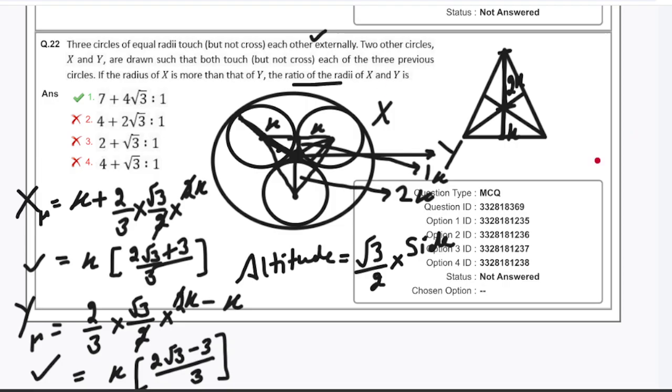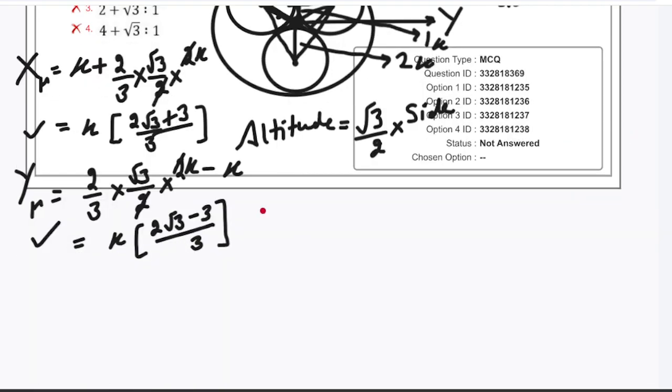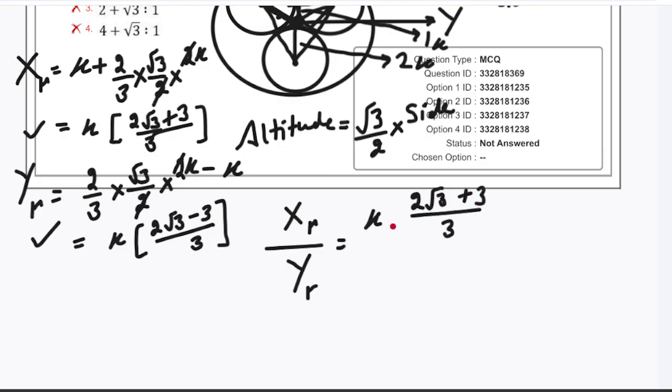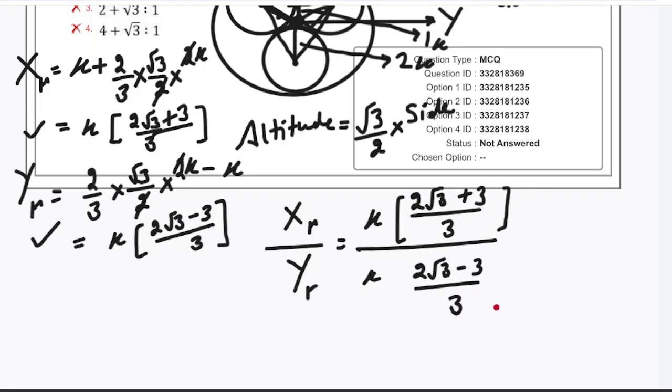So if we take the radius of x by y, we get x outside here, 2 root 3 plus 3 divided by 3, divided by x times 2 root 3 minus 3 divided by 3. X gets cancelled, 3 also gets cancelled.